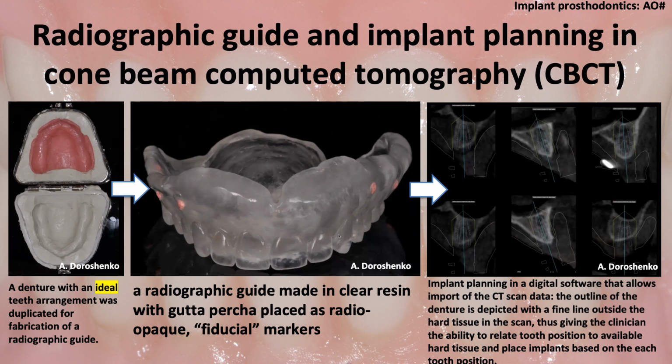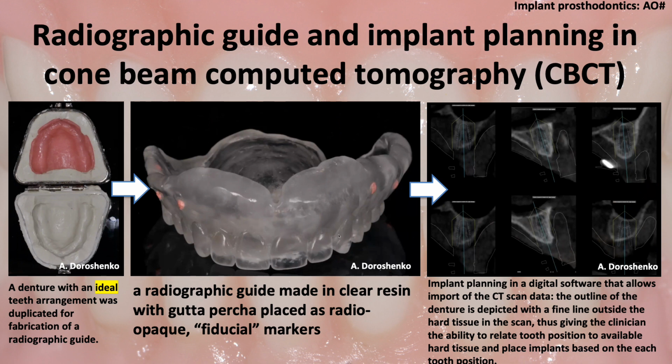Use clear ortho resin to make that duplicate denture. Place radiopaque markers such as gutta percha around that clear radiographic denture or template, and have the patient wear it during CT scan acquisition, and that shows us where the teeth should be.